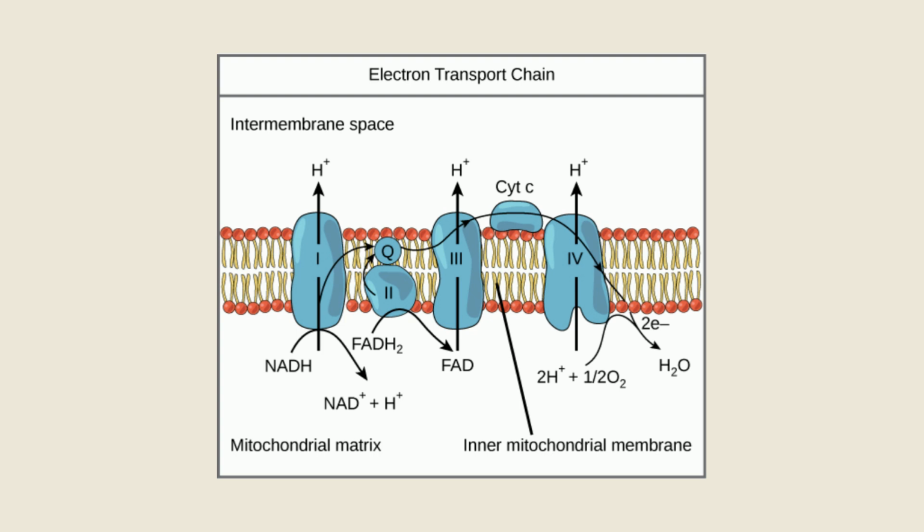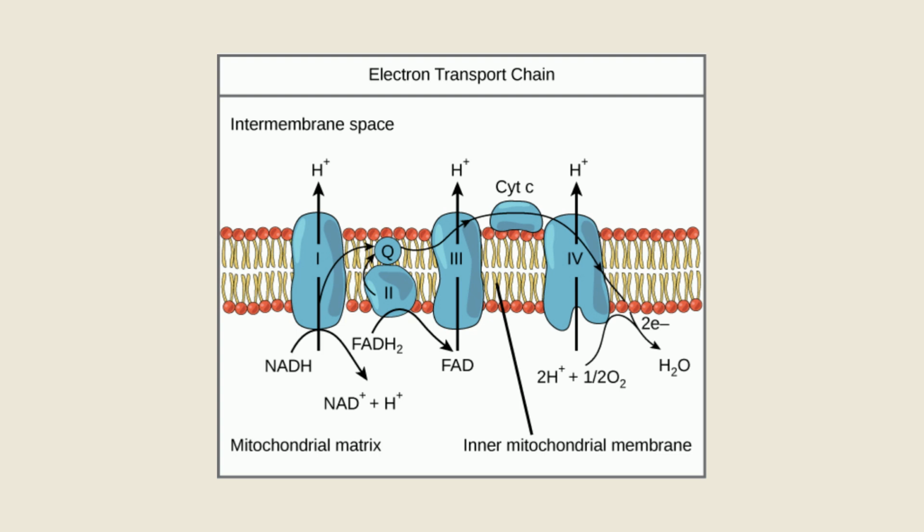The NADH will then be converted into NAD and H, and FADH2 will be converted into FAD. So what happens to the separated hydrogen electrons? Hydrogen electrons will then be pumped into the intermembrane space by these proteins in the inner membrane.